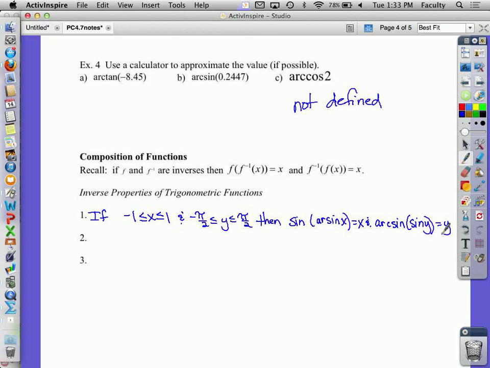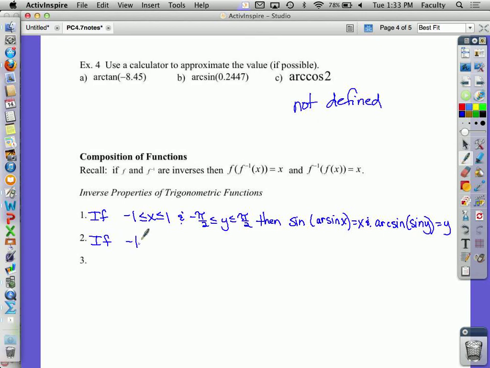It's essentially saying, like, if you're taking the square root of x squared, it's the x. So if you're undoing an inverse, it should usually give you the inside. But you've got to keep in mind that x and y are defined the way that they are.